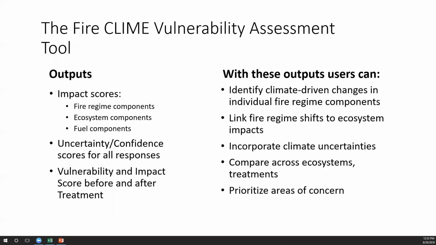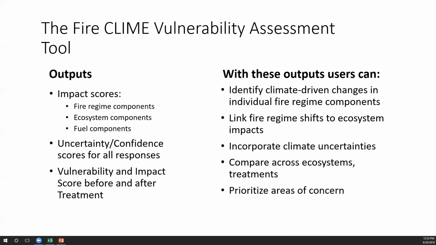And then we have vulnerability and impact scores before and after treatment. These various outputs can be used to identify climate-driven changes in individual fire regime components, link fire regime shifts to ecosystem impacts, incorporate climate uncertainties by ranking it as less confident, compare across ecosystem treatments, and prioritize areas of concern.